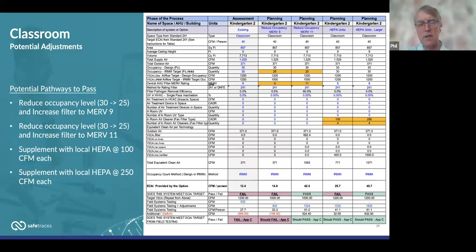And you can see how the calculation shows that it should fail, but with the benefit of the air cleaners plus the value you got from the 832 cubic feet per minute of clean air coming from the basic system without the air cleaners in it, you notice that it passes on a test plus mitigation basis, whereas it's failing on just a straight calculation basis.